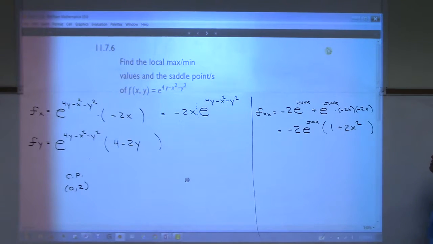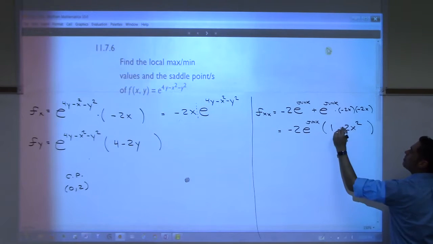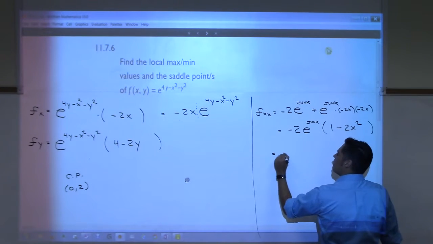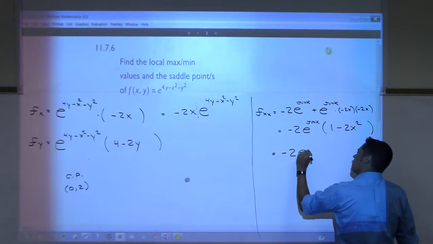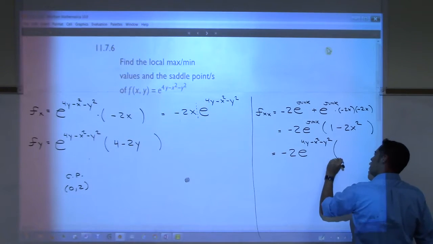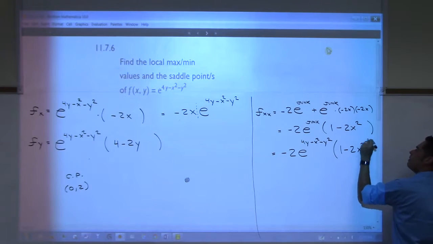And I pulled out a negative, because this is positive. Yes, that's it right there. And just to have it all here: e to the 4y minus x squared minus y squared, and then 1 minus 2x squared. There we go.